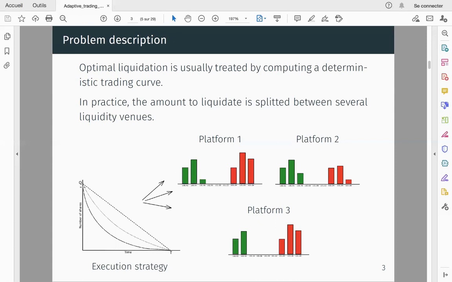So for example here, on the left side, you have the Almgren-Chriss execution function if you want to maximize your PNL over the period, and you can also have other criteria such as the VWAP if you want to minimize your market impact. And the second layer of the trading strategies is in fact the smart order routing problem, which is the optimal splitting of orders across liquidity pools, as you can see here, because you have, for example, three platforms with possibly different spread and imbalance.